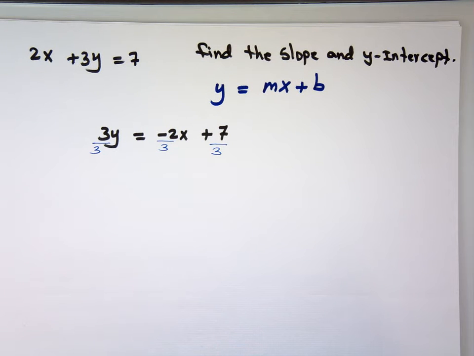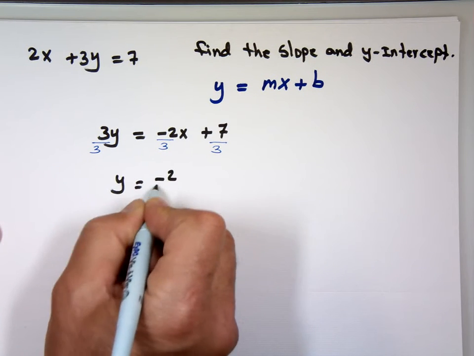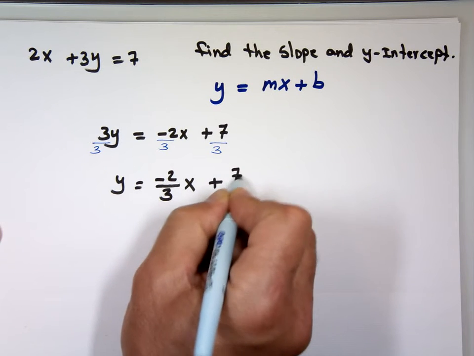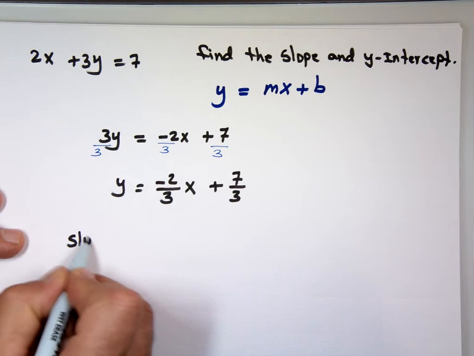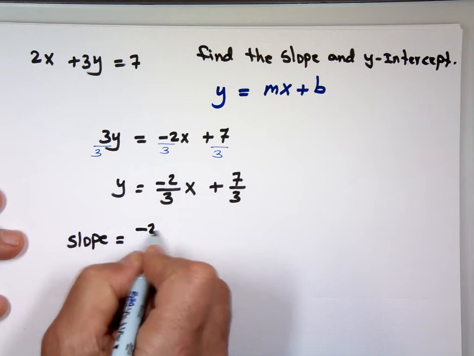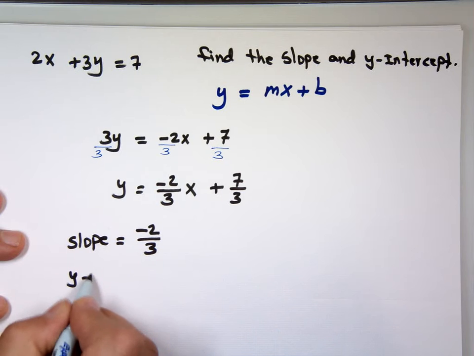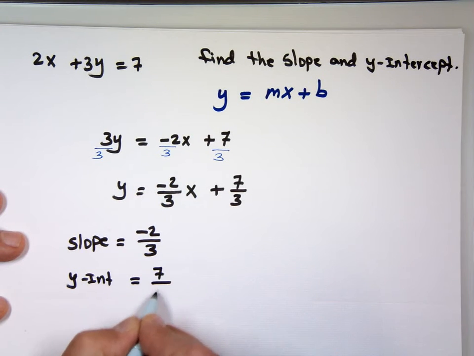So the equation is y equals negative 2/3 x plus 7 over 3. So what is my slope? Negative 2/3, the number in front of x. What's my y-intercept? 7 over 3.